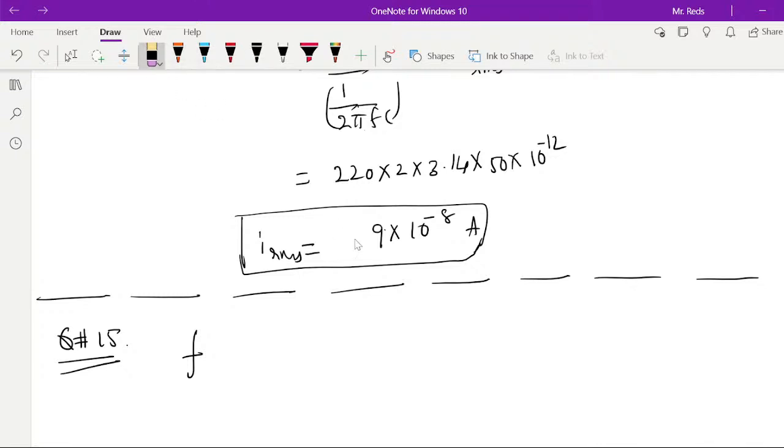Here in this answer, don't confuse, don't overwrite, especially it is 6.9 watts. Right. Let us go ahead with the 15th question.